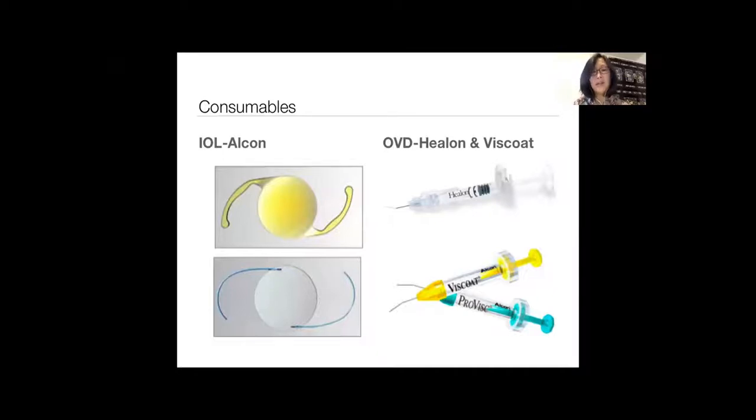My go-to lens is the Acrosoft one-piece lens, and I also use this 3-piece foldable lens. And then my viscoelastics that I tend to like to use include 2 categories, and we're going to talk about this in detail, and that is I use Healon as my cohesive, and I use Viscoat as my dispersive viscoelastic.